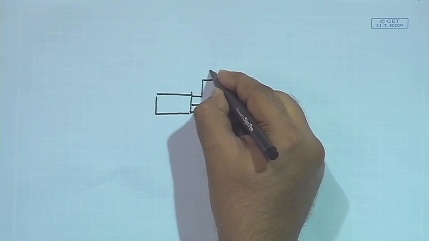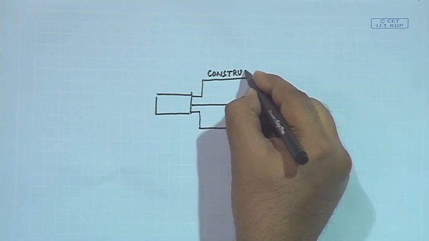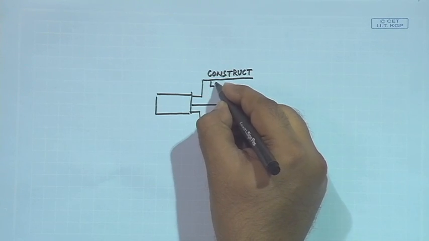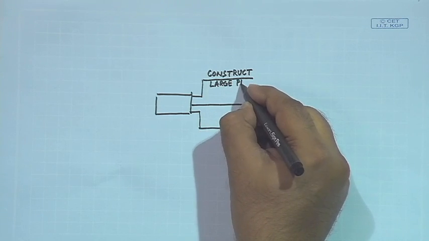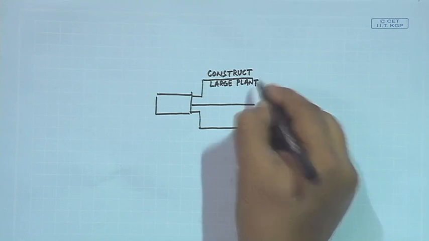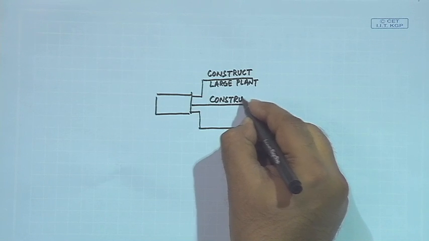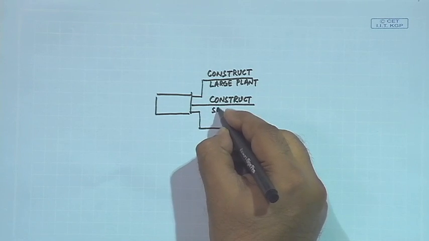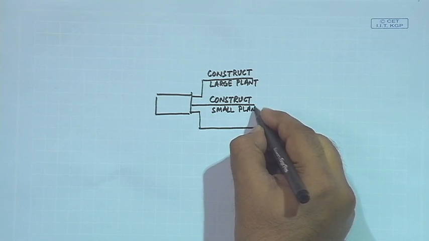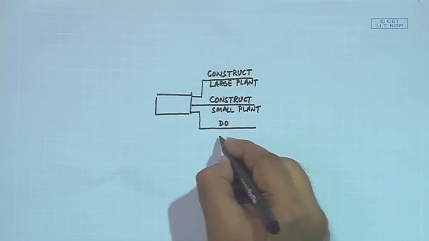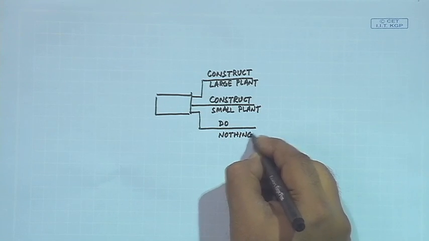The first one is construct large plant. The second one, construct small plant. Third one, do nothing. So, these are my decision alternatives.